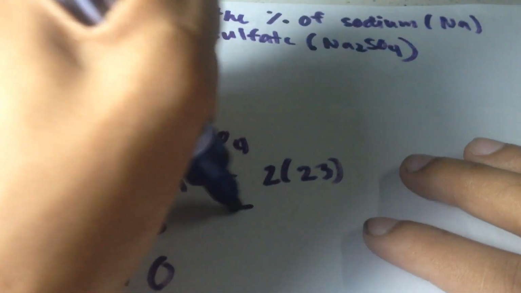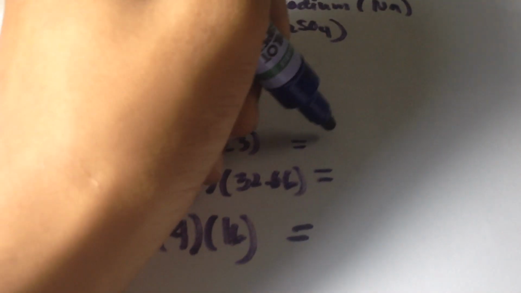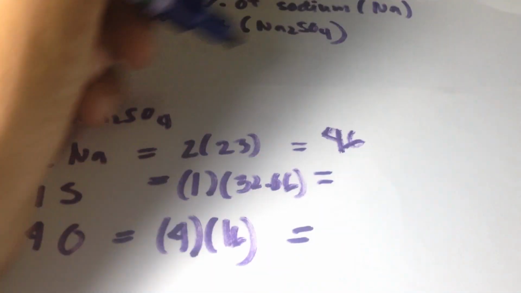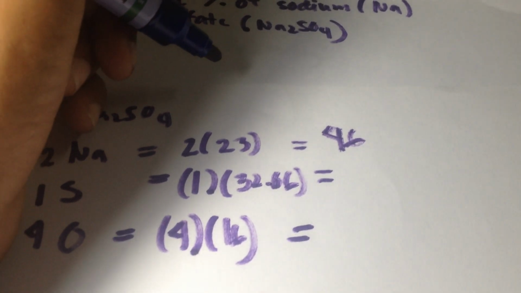That is 2 times 23, which is 46, 1 times 32.06, which is 32.06, and 4 times 16, which is 64.